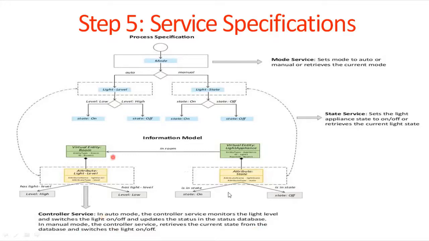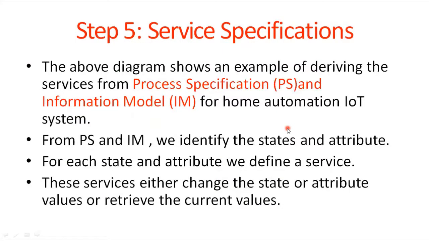That means for doing that you have different services. These are all different services. That means you will discuss the services in this case: deriving the services from the process specification and information model. From the process specification and information model, you identify the state and attribute.